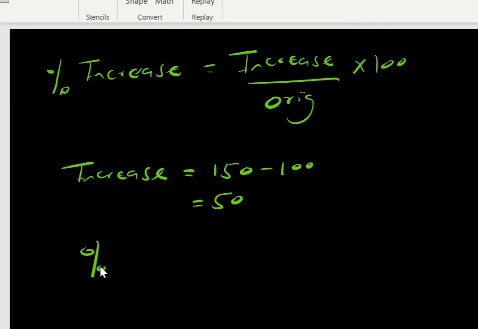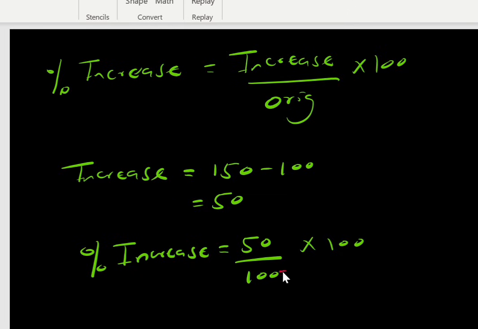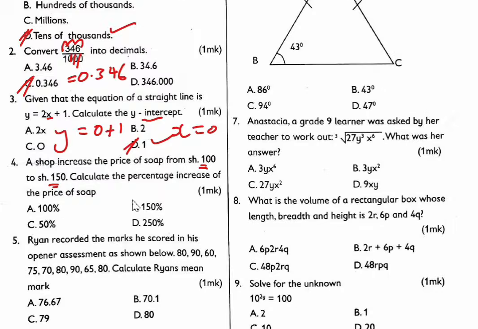So the percentage increase will be the increase, which is 50, over the original, which was 100, multiplied by 100. So we can see very clearly, 100 by 100, so 50 times 1, you get 50%. Therefore, the answer is C, 50%.